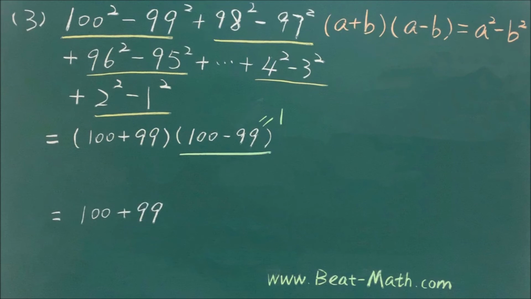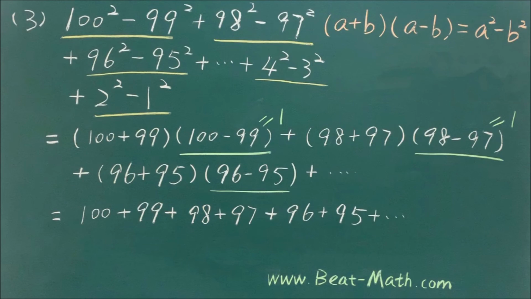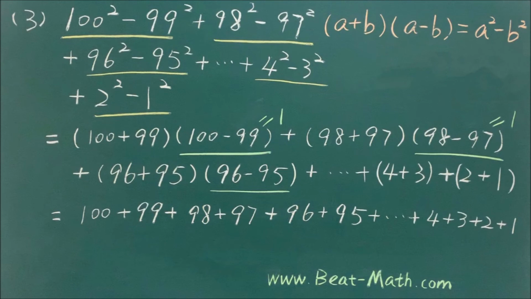Using the same technique, we can figure out that 98 squared minus 97 squared equals 98 plus 97, 96 squared minus 95 squared equals 96 plus 95, etc., etc. So the complete original problem turns into 100 plus 99 plus 98 plus 97 plus 96 plus 95, etc., all the way down to plus 4 plus 3 plus 2 and plus 1.